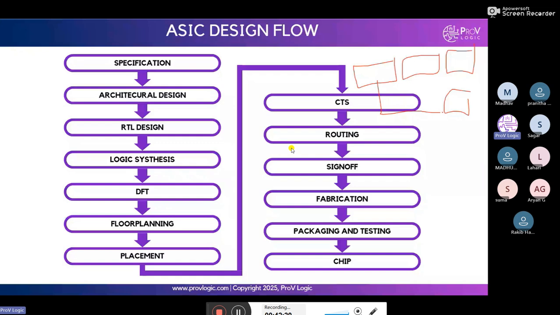For flip-flops to work, the clock must be enabled and must reach each flip-flop and each logic gate. In one SOC there will be billions of flip-flops, so how the clock is going to connect to each flip-flop, that is the synchronization.